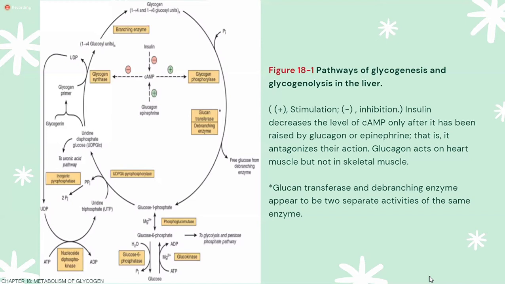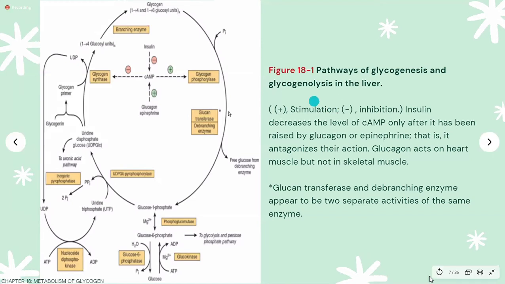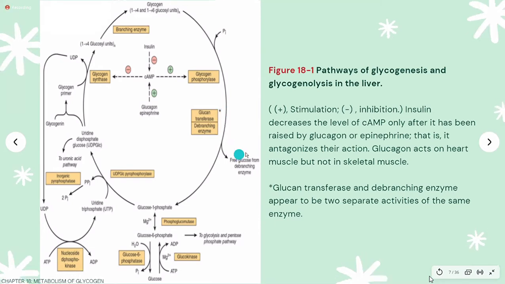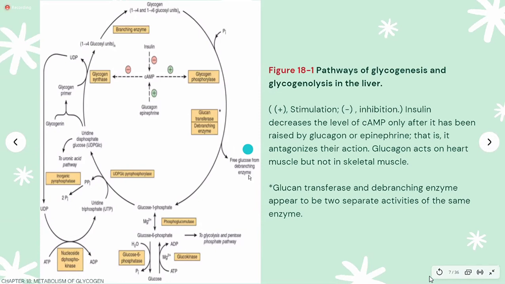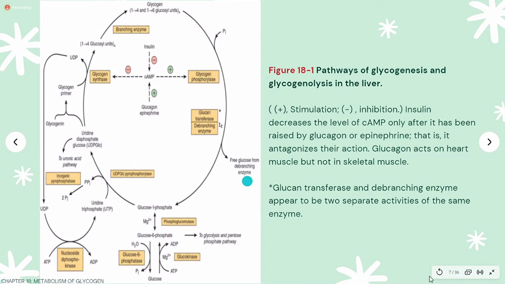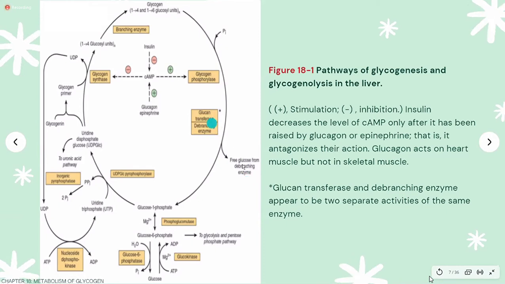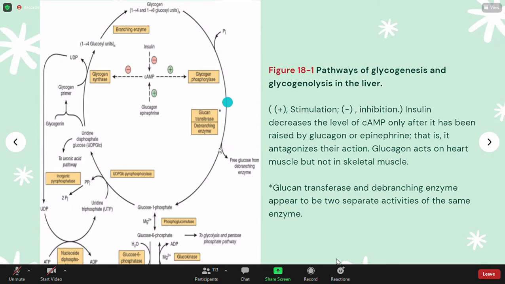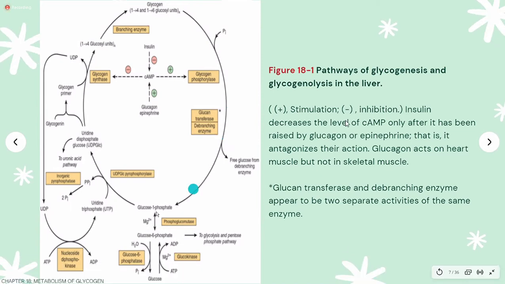There. So you see, you have your glucan transferase, you have your debranching enzyme, and what is removed? Free glucose from the debranching enzyme. Then the rest are glucose 1-phosphate converted to glucose 6-phosphate.